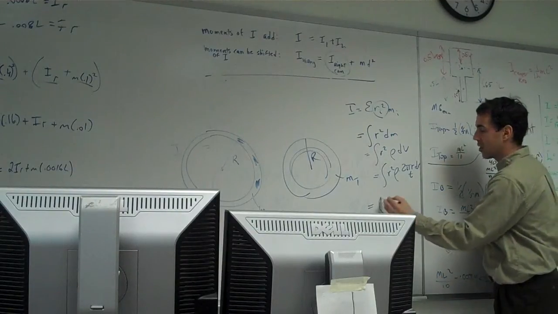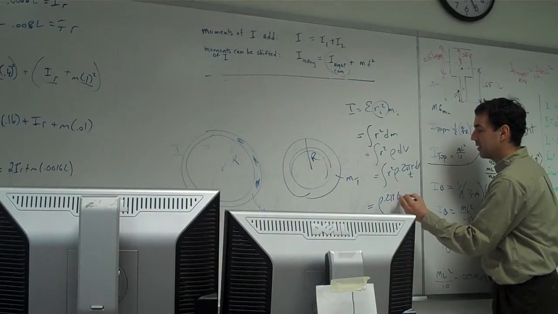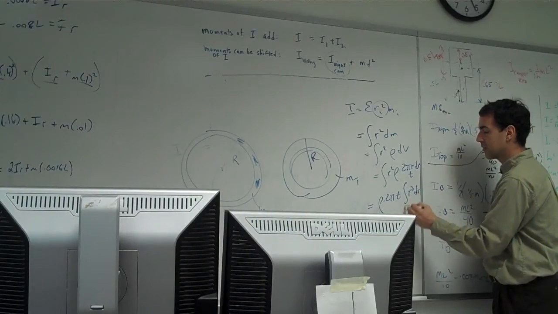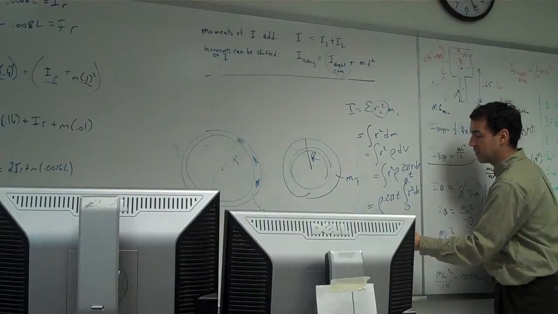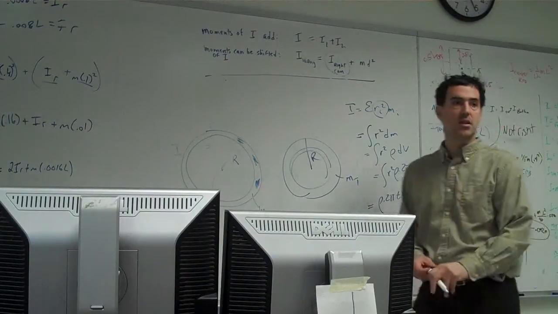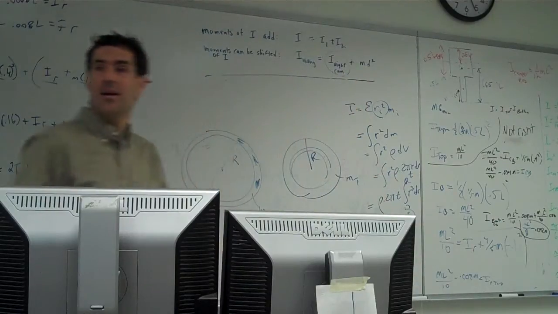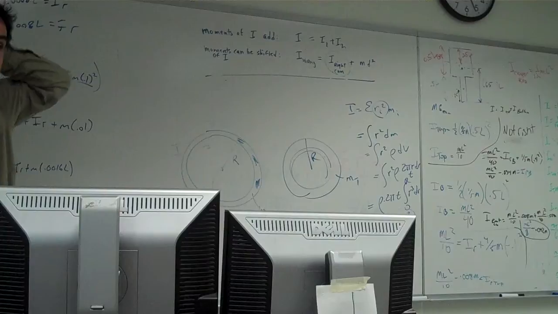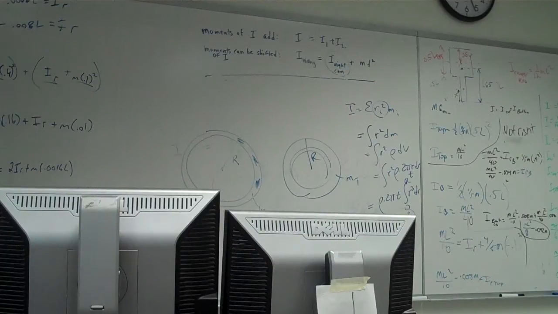And you get rho times 2 pi t times the integral of r cubed dr from 0 to big R, which gives you 1/2 m total big R squared. I'm not going to fill in all the details because we did this one before. I just need a quick 20-second overview of what that integral looks like.